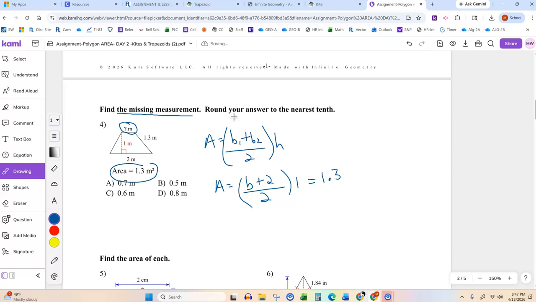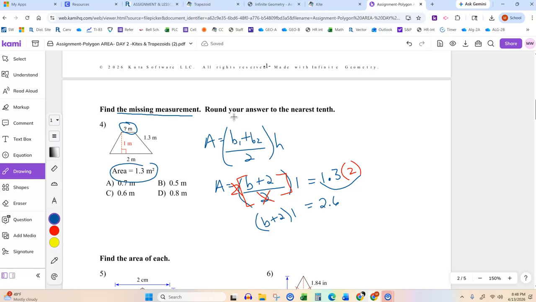So, wow, we got a few things we need to do. First, we need to multiply everything by 2 to get rid of the bottom. So I'm going to multiply the whole thing by 2. Why? To eliminate this 2 right here. But I have to do it to that side too, right? And what do I get? So that goes away, and I get b plus 2 times 1 is equal to, and if you multiply this, that's 2.6.